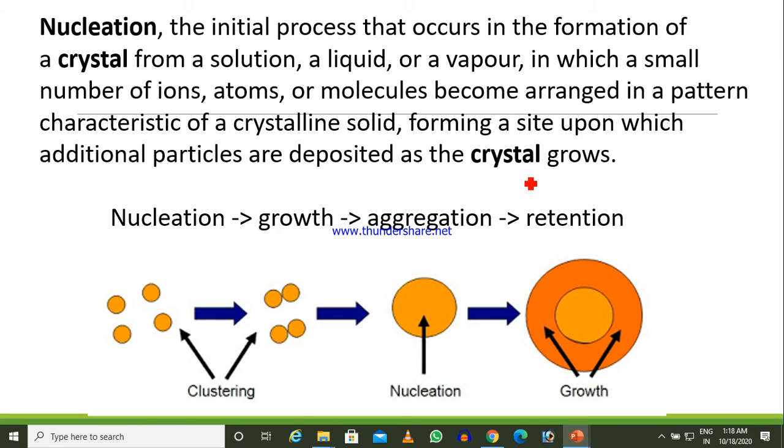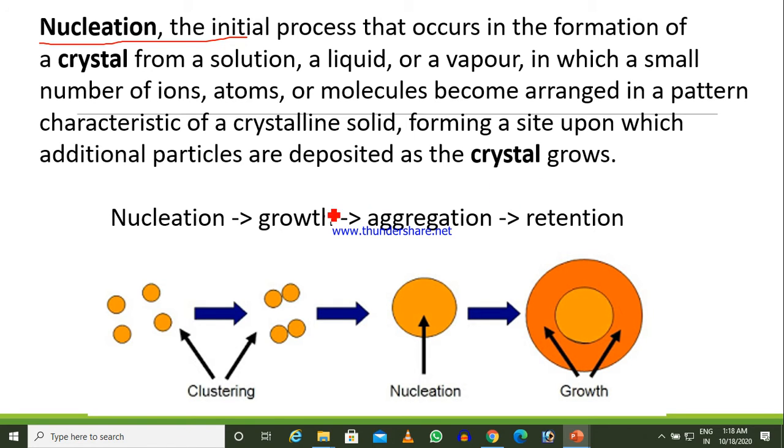So how will it grow? Basically it will first start with nucleation. This is the initial process that occurs in the formation of a crystal from a solution or liquid or a vapor, in which a small number of ions or atoms or molecules become arranged in a pattern characteristic of a crystalline solid, forming a site upon which additional particles are deposited as the crystal grows.